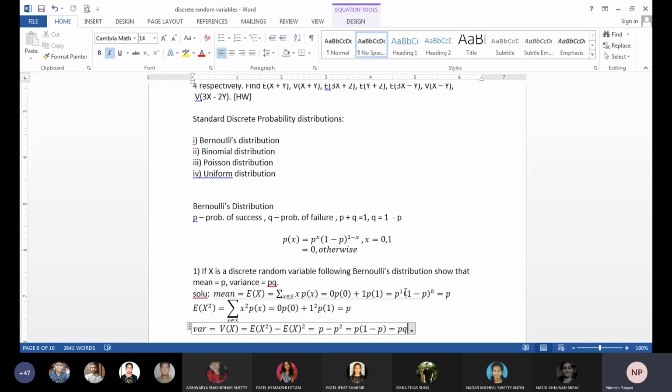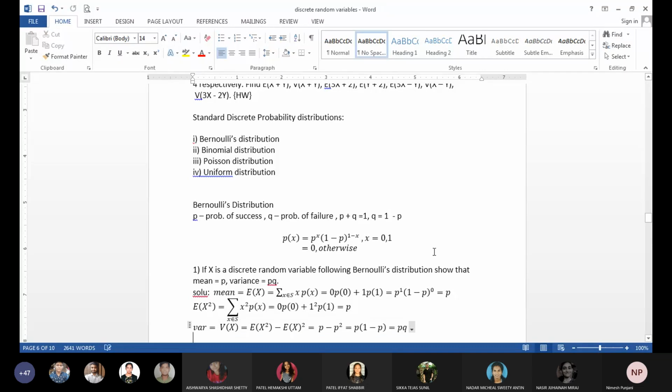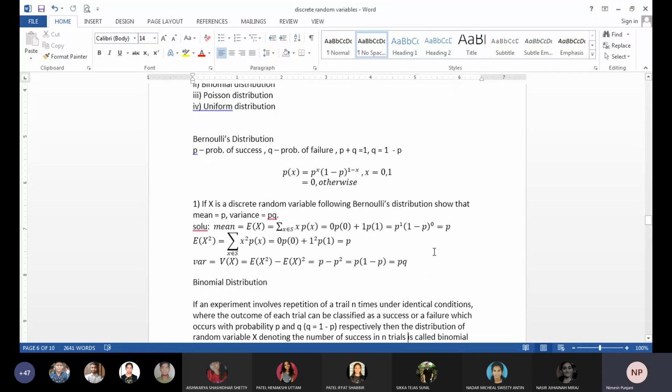Is it fine? Remember this formula of the Bernoulli distribution, the p of x; that is the important thing. And Bernoulli trial means it's an experiment in which you have only two possible outcomes.